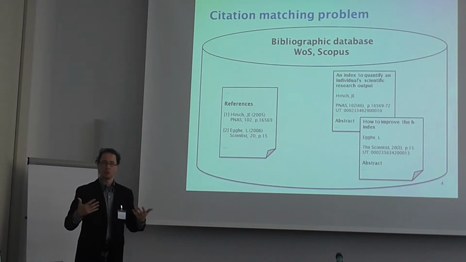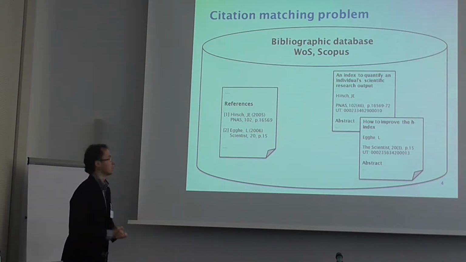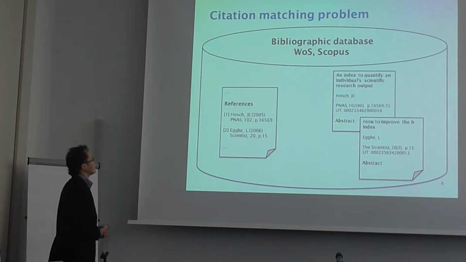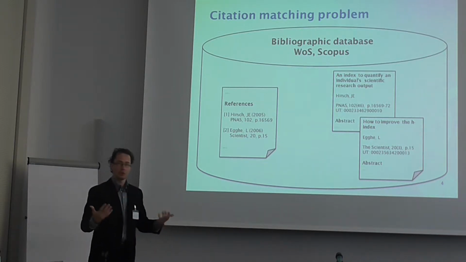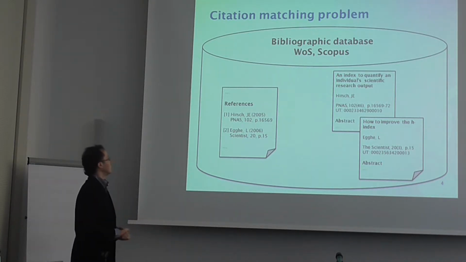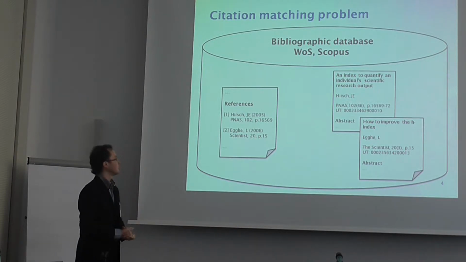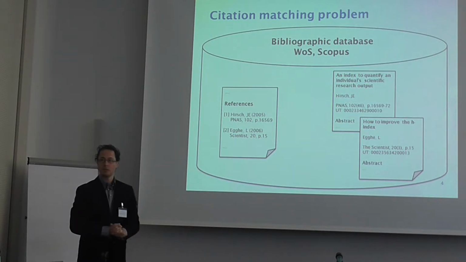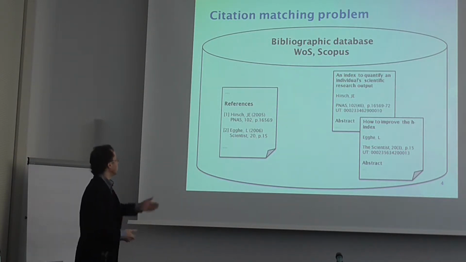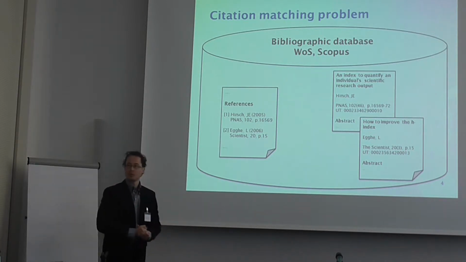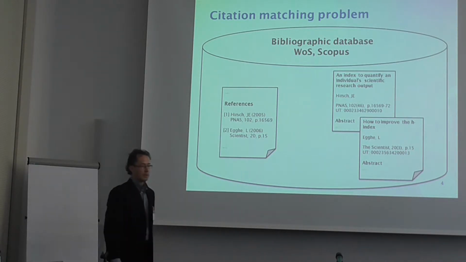Sometimes it is also called reference matching. We have a bibliographic database, Web of Science for example, or a Scopus database. These databases contain the metadata on a large collection of scientific publications, with the title of a publication, the authors, and also very important information on the cited references.